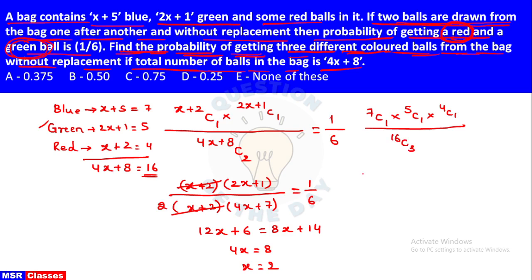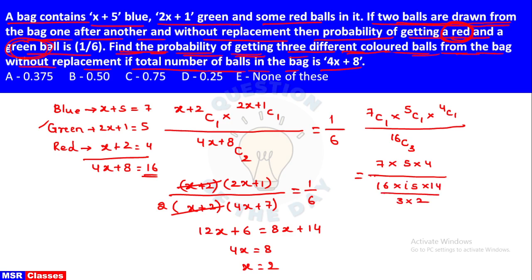Three balls are of three different colors. Different colors means three different ones. 7 into 5 into 4 upon 16, 15, 14, 3 into 2.